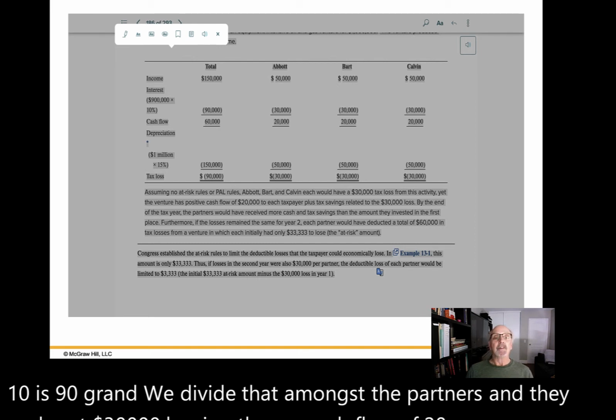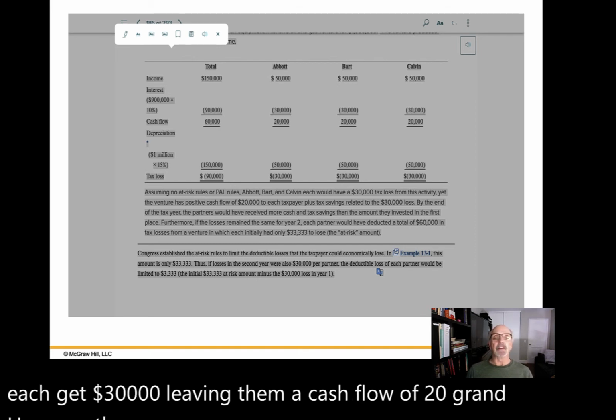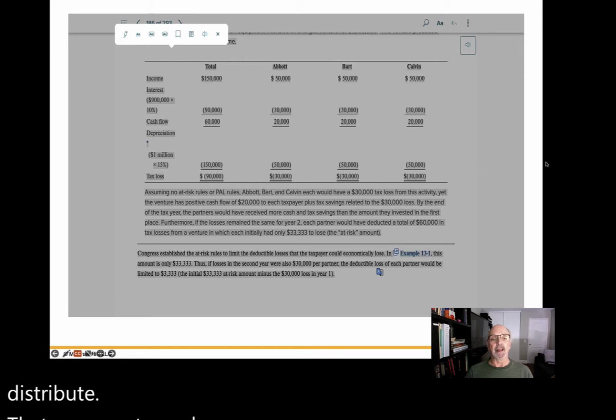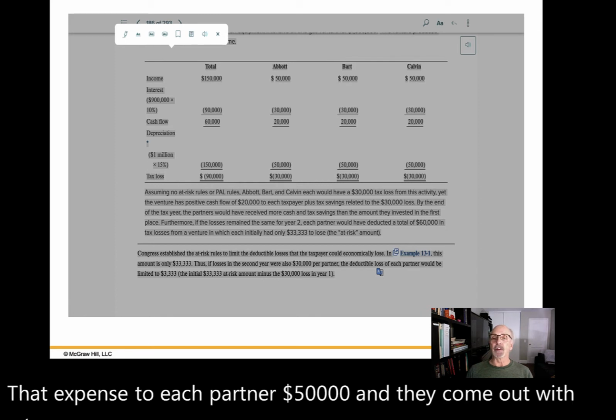However, then we calculate depreciation on that $1 million of equipment times 15%. We get $150,000 in expense. We distribute that expense to each partner, $50,000, and they come out with a tax loss of $30,000 each.